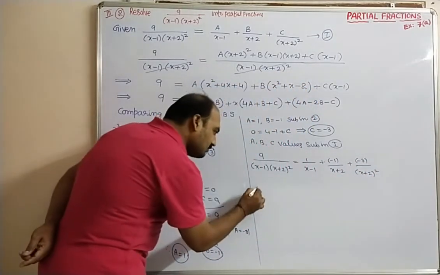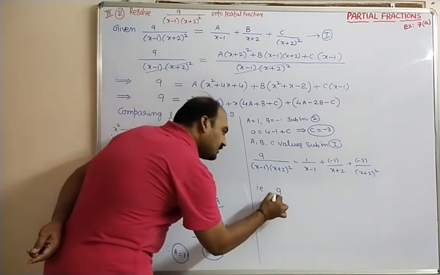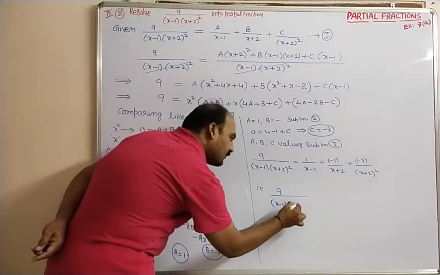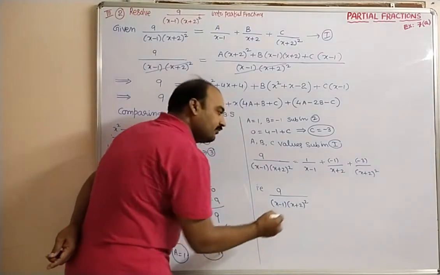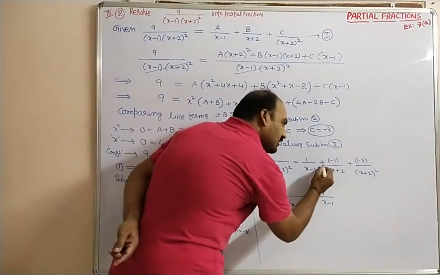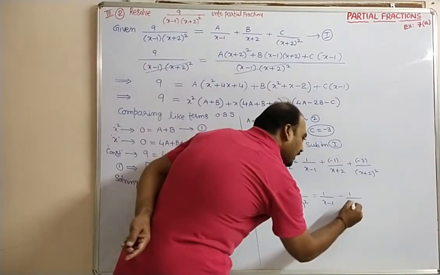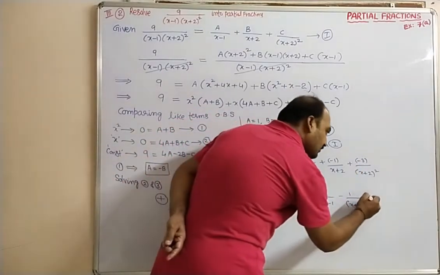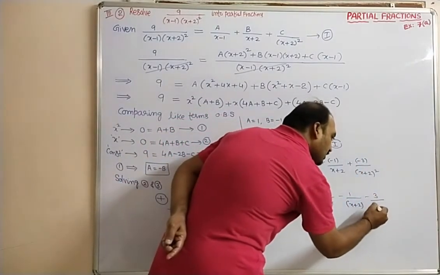That is, we can write it as 9 by x minus 1 into x plus 2 whole square is equal to 1 by x minus 1 minus 1 by x plus 2 minus 3 by x plus 2 whole square.